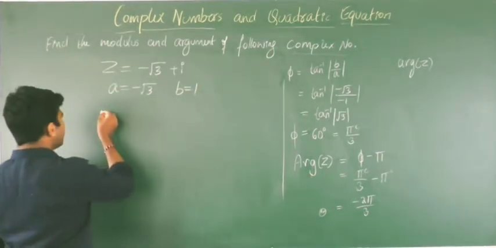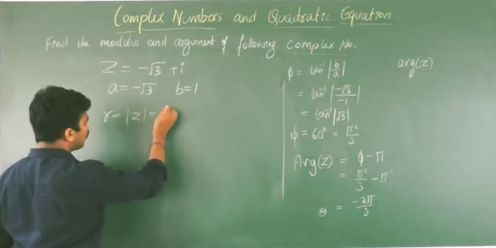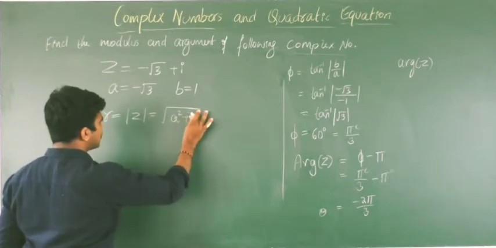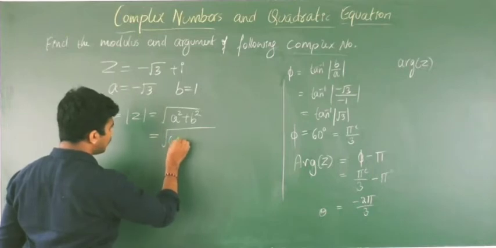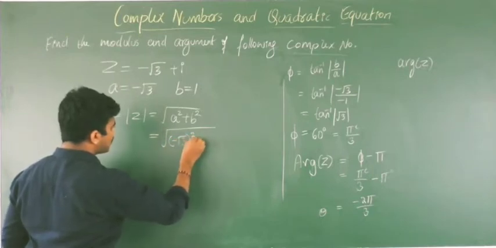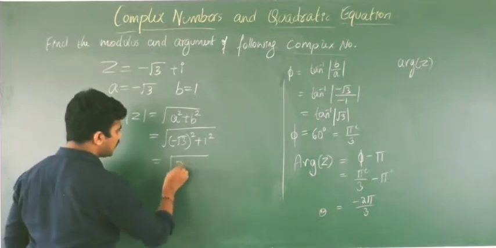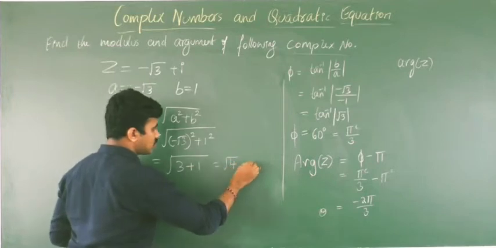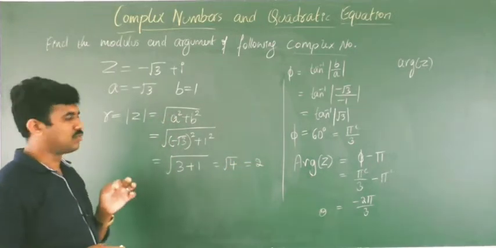So modulus or r is nothing but square root of a square plus b square, which is square root of minus root 3 whole square plus 1 square. Minus root 3 square is 3, plus 1 is 4. Again this is nothing but 2, since modulus value or r is greater than 0.